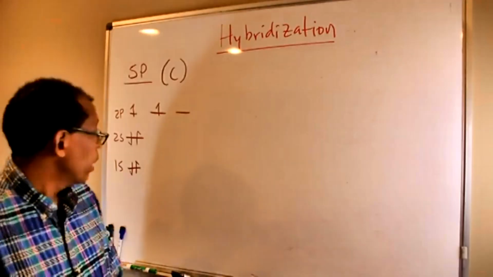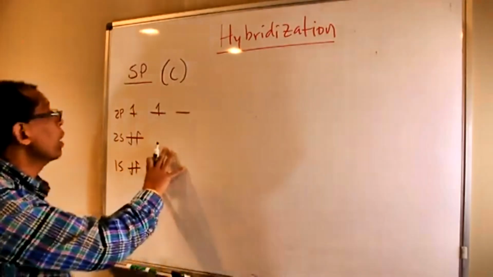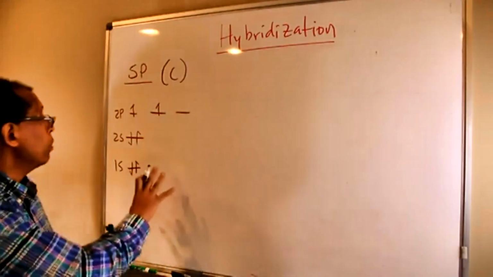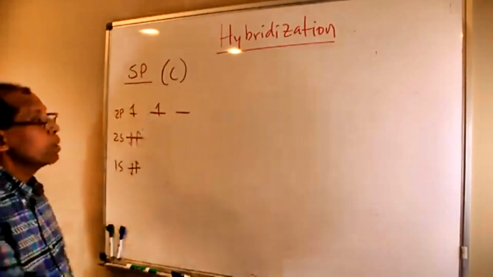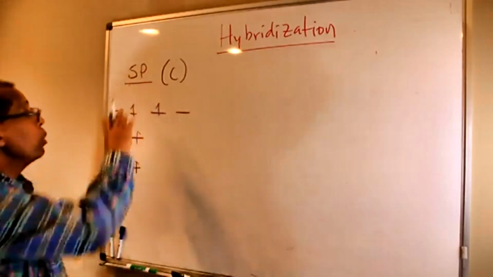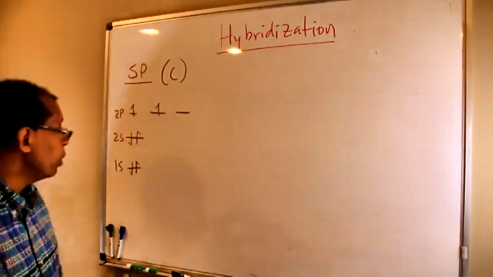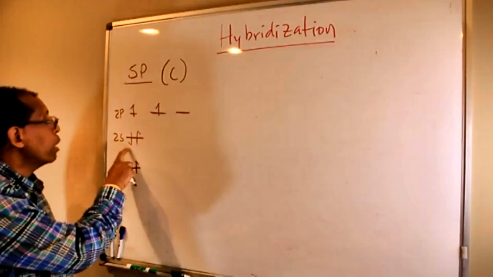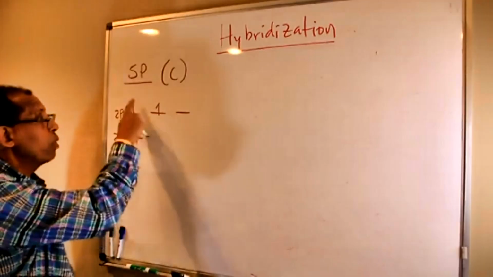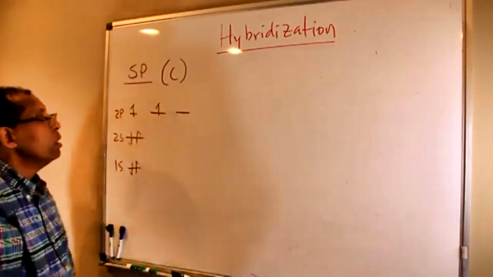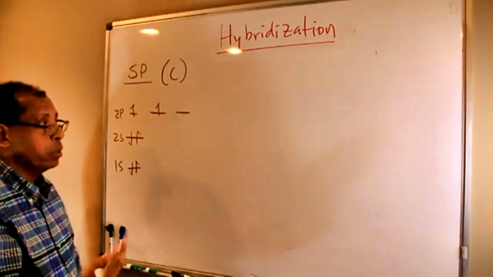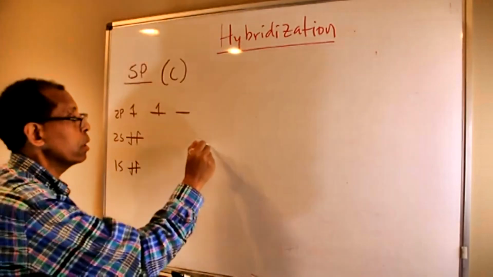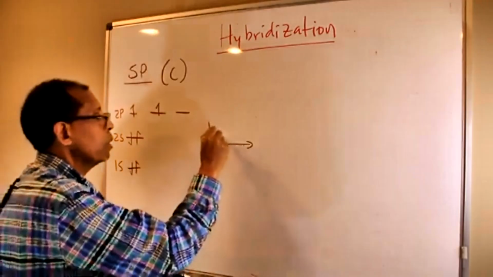The same format: the electronic configuration of carbon before hybridization is 1s2, 2s2, 2p2. But now, when we say sp hybridization, we mean that one of the s orbitals is hybridized with one of the p orbitals. That means 2 unhybridized p orbitals would remain without being hybridized. So let's do the hybridization.